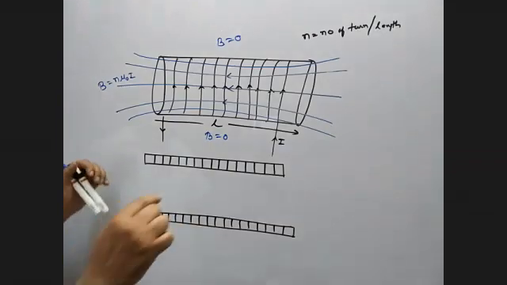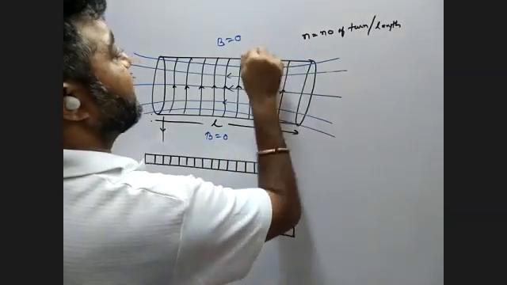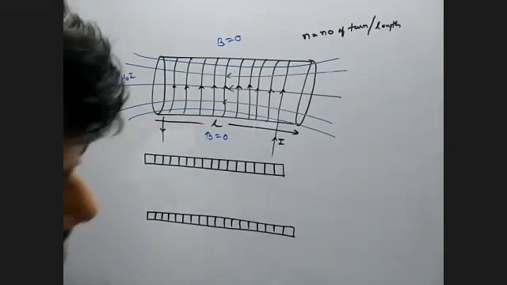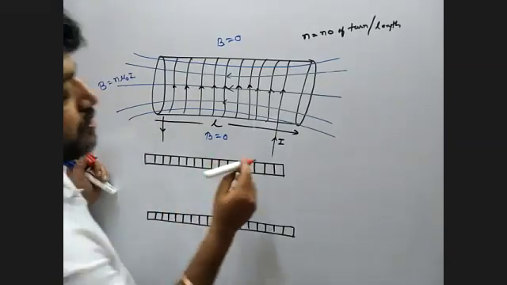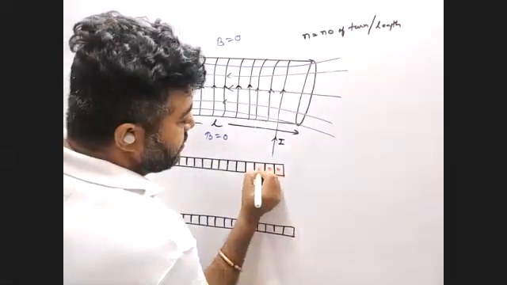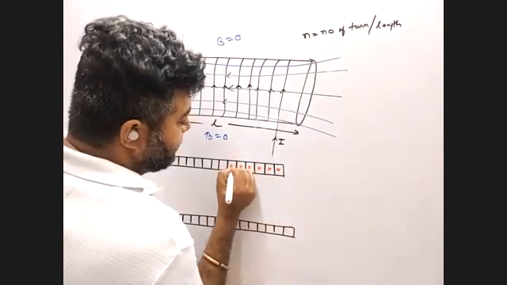Now see, here the magnetic field is into the page, so we write it as a cross.